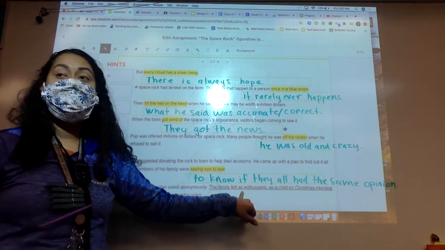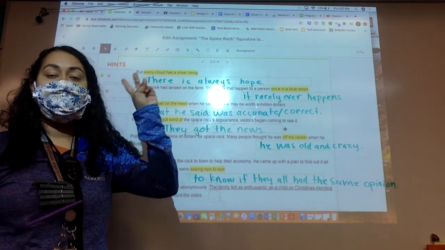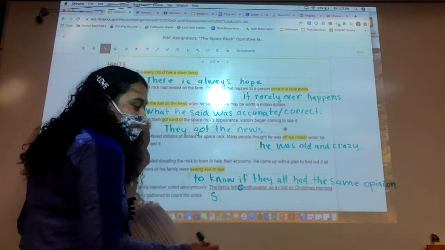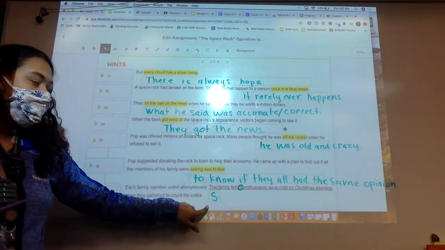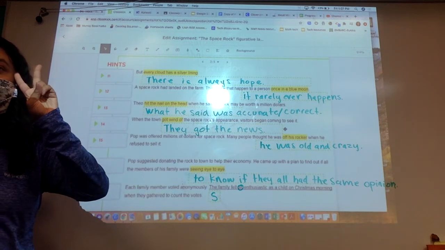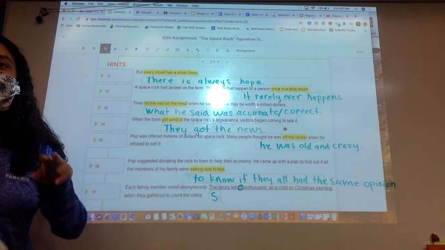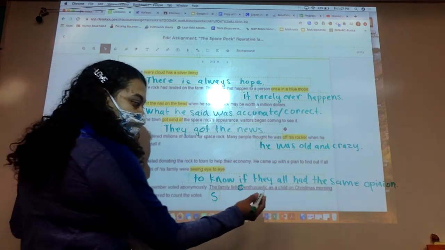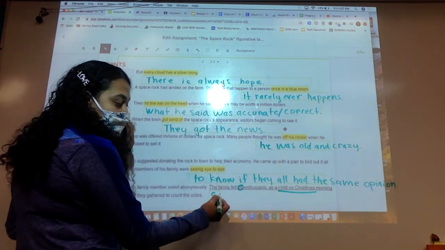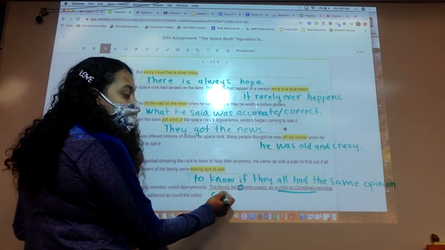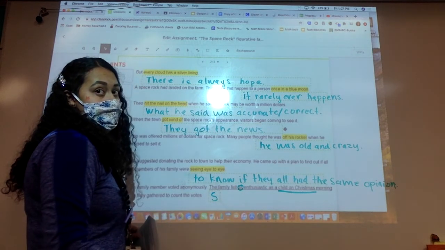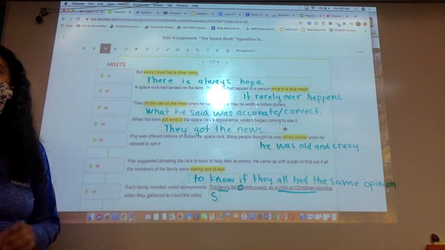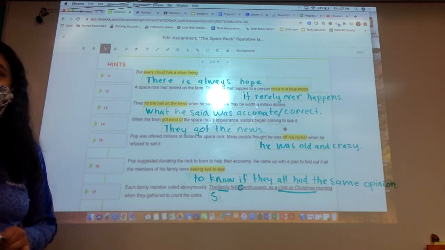So simile is either the word like or the word as. Since it has as right here, it's a simile. What two things are being compared? A kid on Christmas finding out the votes. But who's being compared to a kid on Christmas? The family. Thank you, Bo. Good.